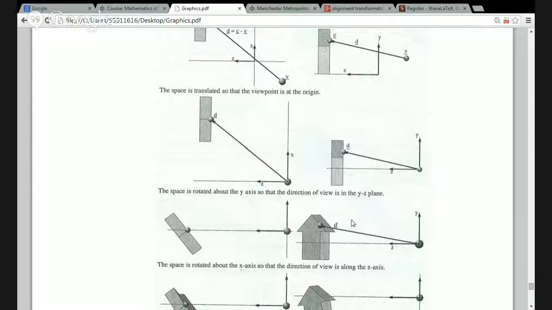It's normal to the actual projection screen you're looking at. So this environment would then be projected onto this xy plane, which is the plane of the paper here, ready for rendering onto the screen.